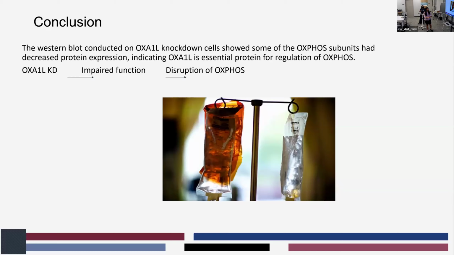So what we can maybe guess for future treatments is that if we knock down the OXA1L protein, then that's going to, as the name says, impair the function. And if the function is impaired, that's also going to disrupt the oxidative phosphorylation pathway. And so if we can target oxidative phosphorylation, that may make the TNBC cells more sensitive to the chemo and give better outcomes.